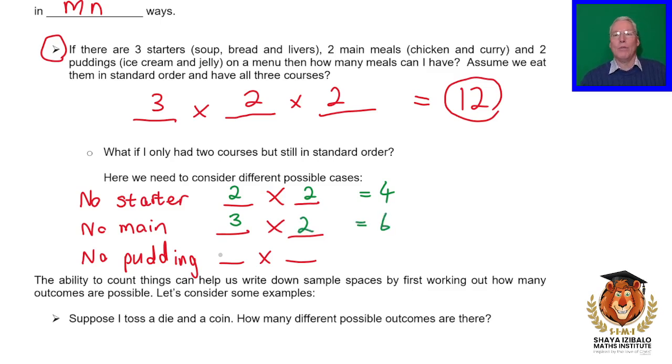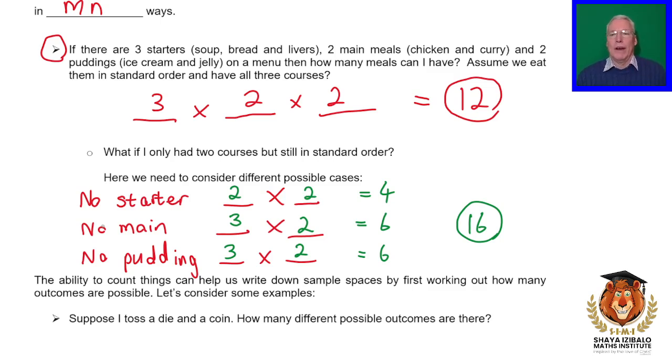And if I have no pudding, then there will be a choice of 3 starters and a choice of 2 mains. That'll also be 6. And here we get 16. So there's 16 possible 2-course meals, and there are just 3 times 2 times 2, 3-course meals.